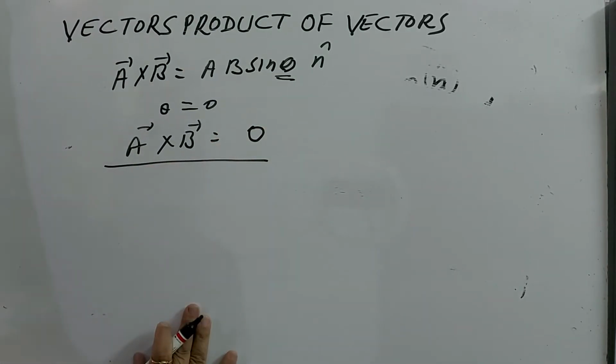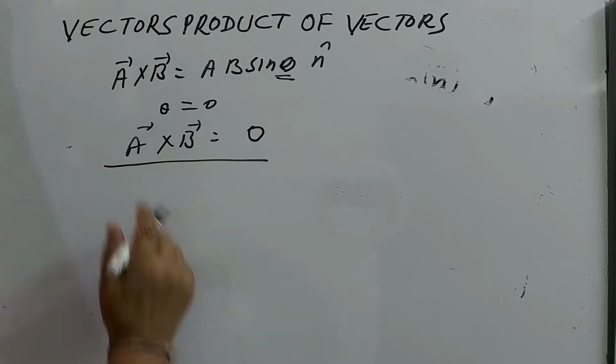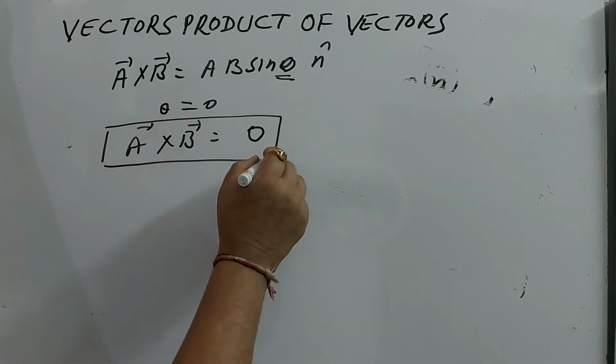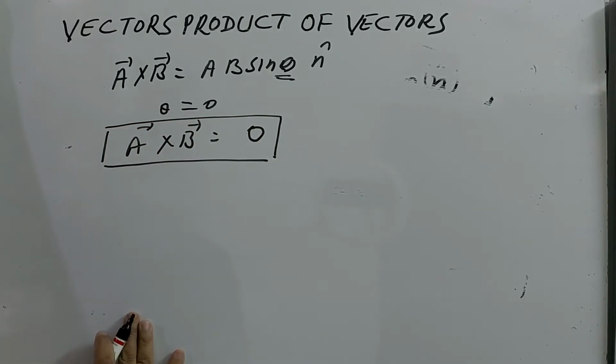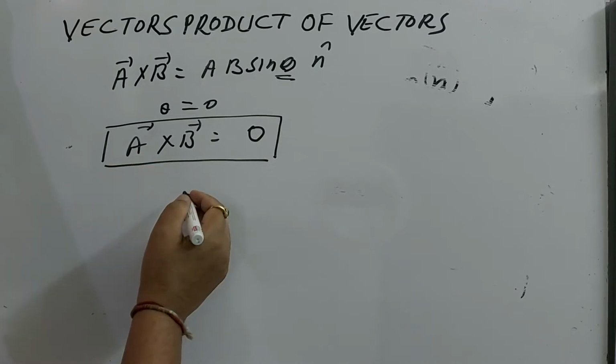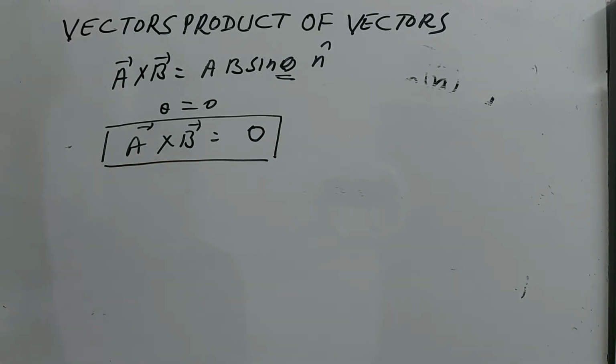If the cross product of two vectors is 0, it means they are parallel. If we have to prove two vectors parallel, simply prove that their cross product is 0.